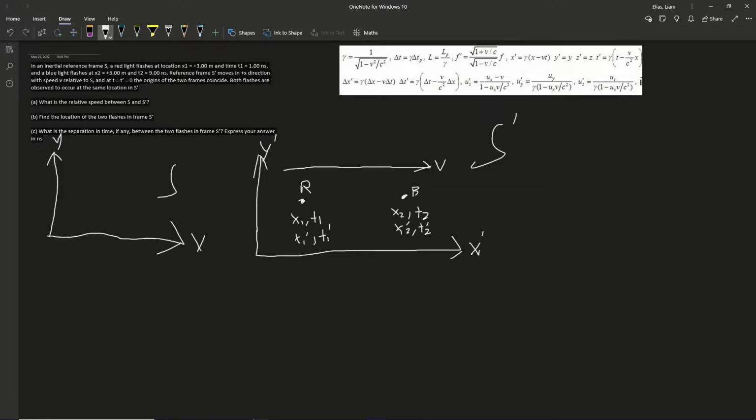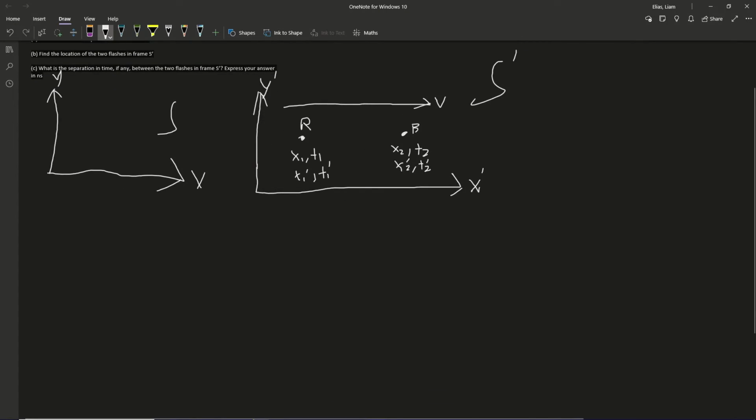So our change in x location between the two events in S prime is equal to lambda times the change in location of the two events in S, minus v times the change in time between the two events in S. We'll go ahead and write out the equation here: delta x prime equals lambda times delta x minus v times delta t.